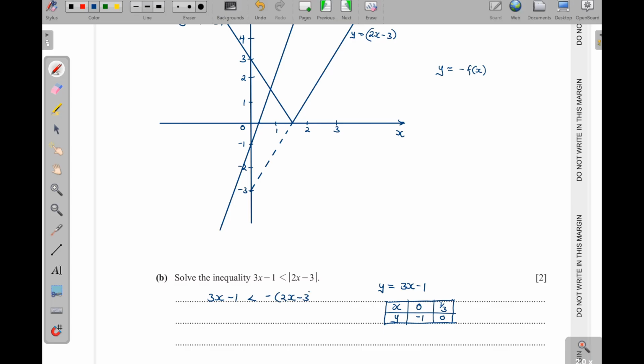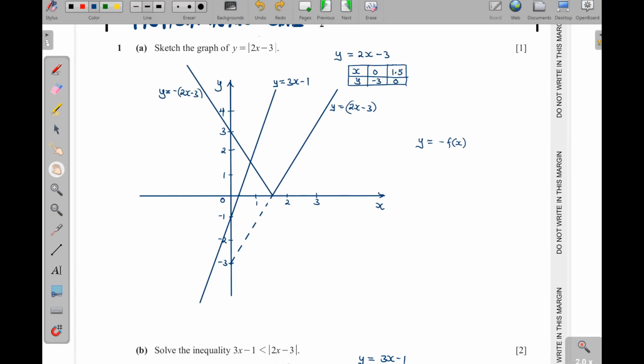Remember, in modulus functions, we have the negative part and then the positive part. So suppose this graph here was intersecting the positive part, then I would consider this one intersecting this and then also intersecting this one, okay?